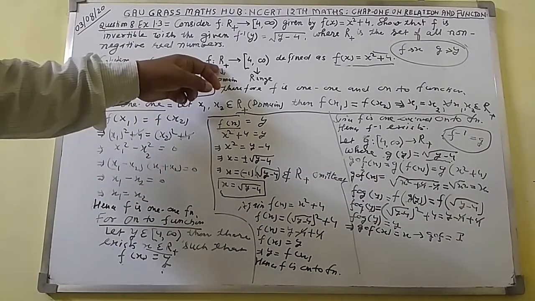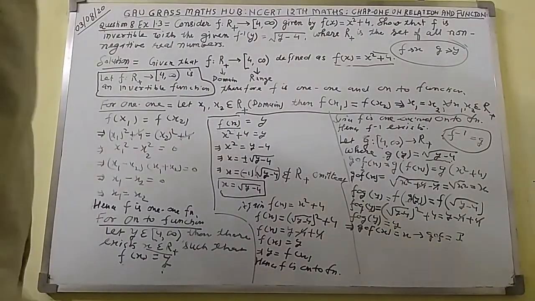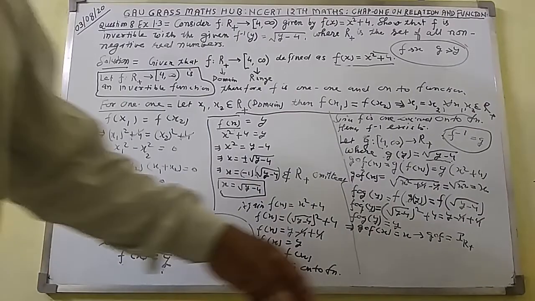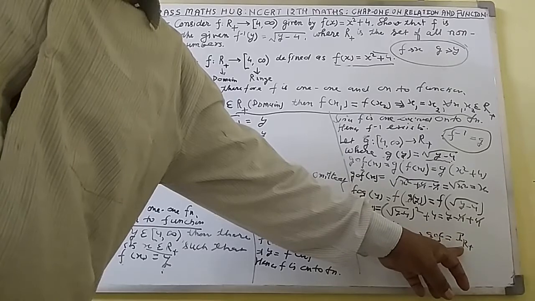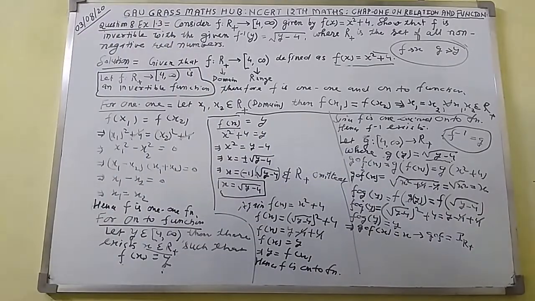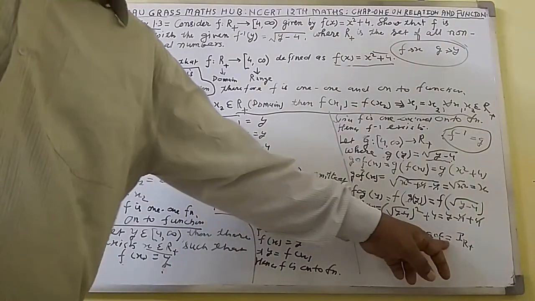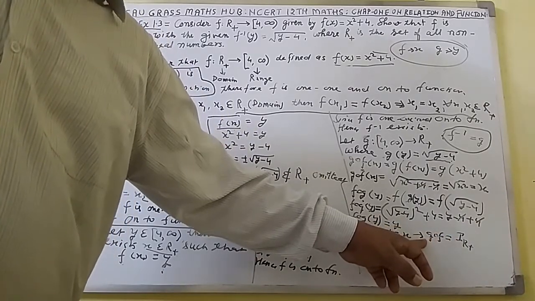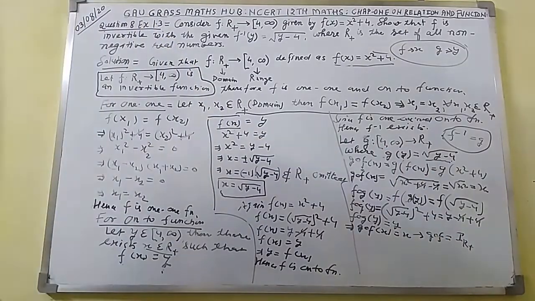X belongs to the domain here, capital R plus. So this is known as the identity function on the set of positive real numbers. So here I have got g of f equal to the identity function on the set of positive real numbers.